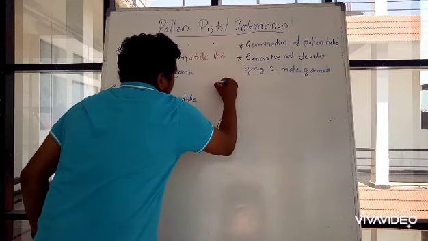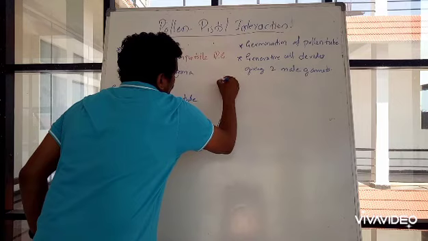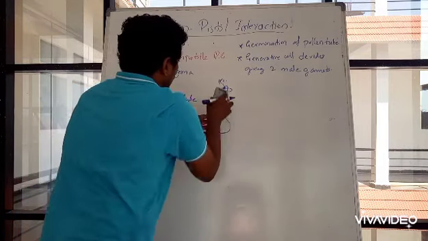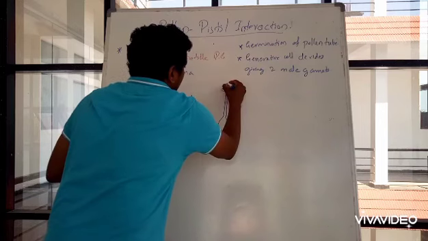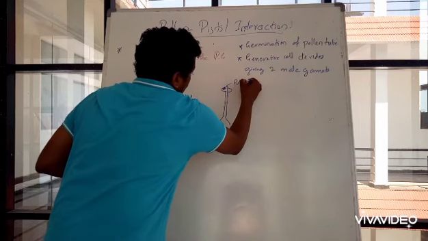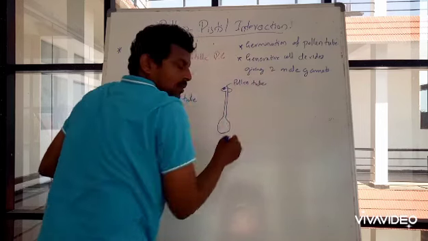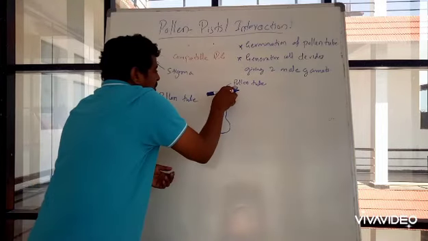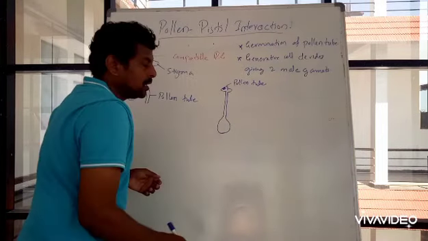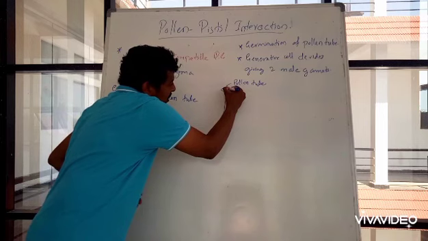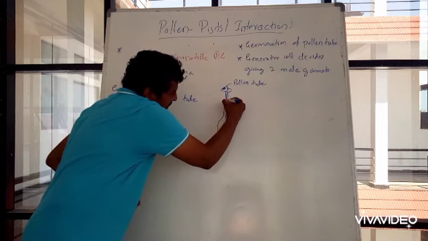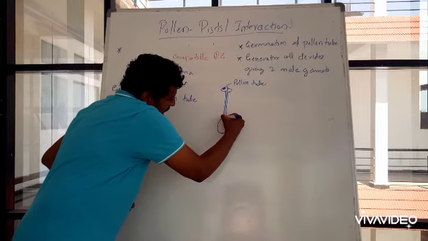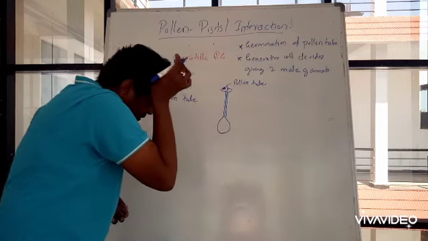So this is the pollen tube. This pollen tube makes its entry through the stigma. It will travel all the way through the style and reaches the ovule.